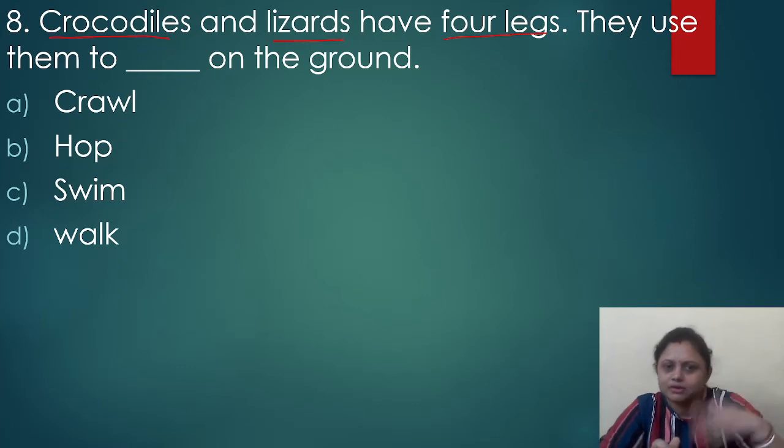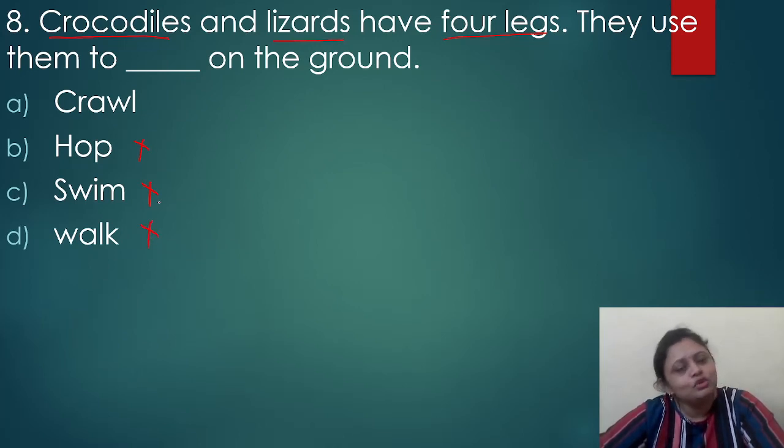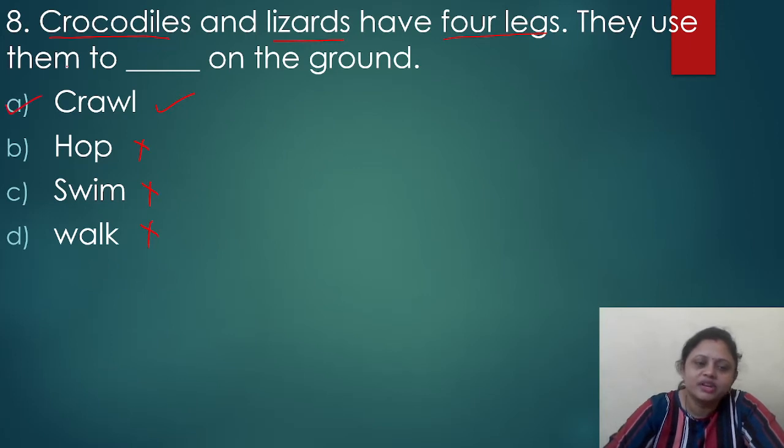Do they hop? No. Do they swim on the land? On the ground, do they swim? Of course not. For that they need water, right? Do they walk like us? No. So what do they do? They crawl on the ground, right? So the correct answer is option A, that is crawl.